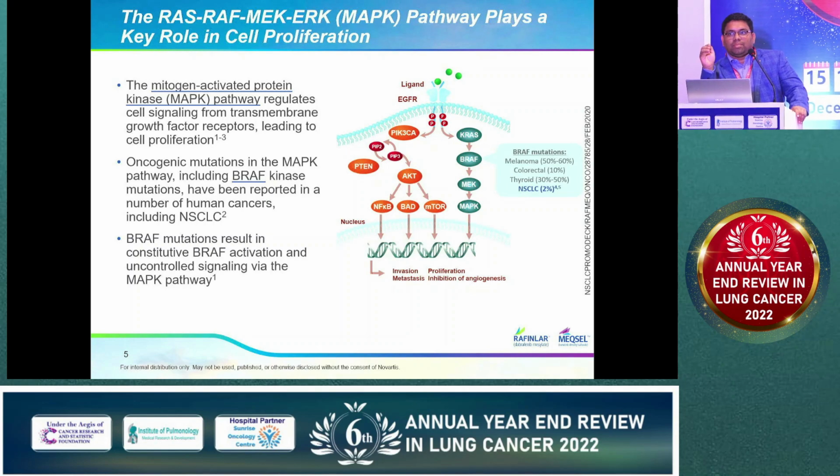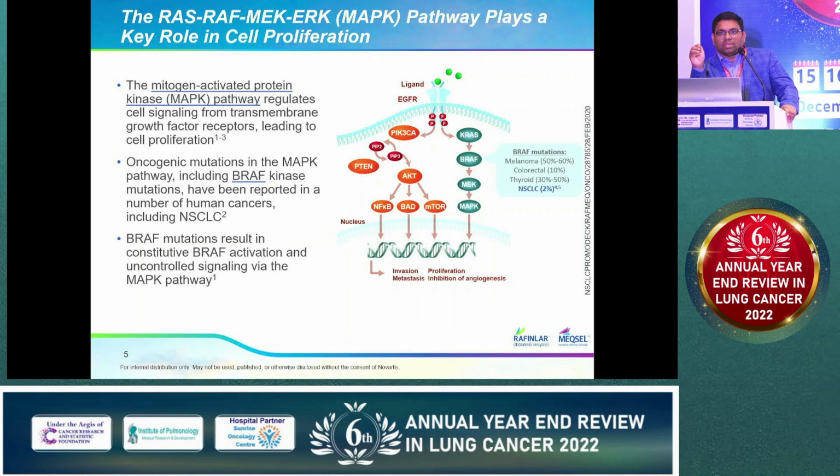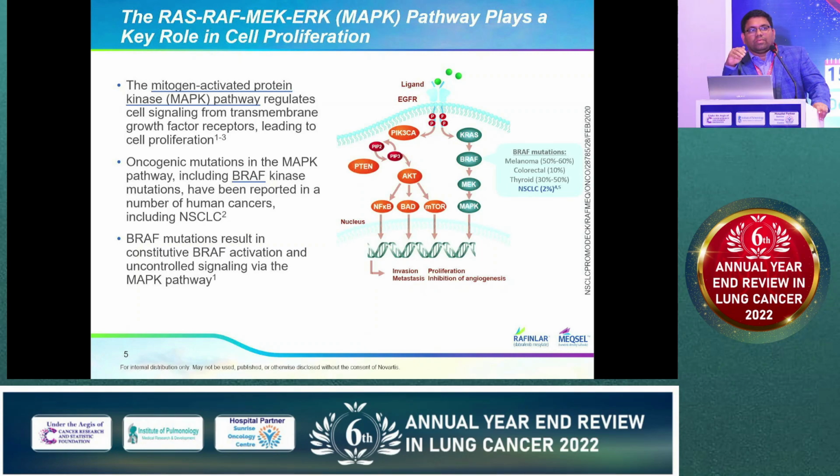When they biopsied them, they saw that this was because of a higher expression of the MEK and the MAP kinase pathways. Hence they decided that it should not only be a RAF inhibitor, it should be a MEK inhibitor along with it. Thus the combination of RAF and MEK inhibitor was derived because it led to higher response rates, and it also led to a decrease in a very bad side effect, which was development of cutaneous squamous cell carcinomas.